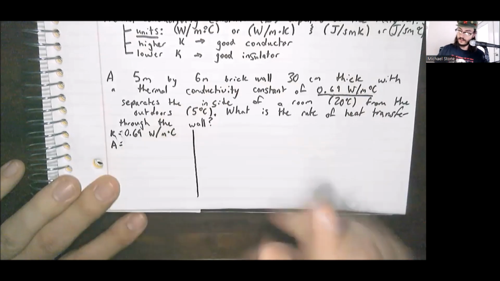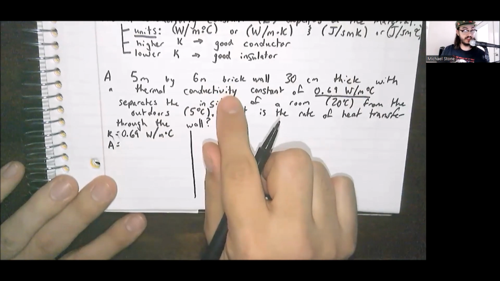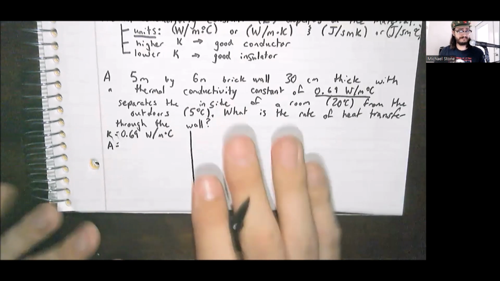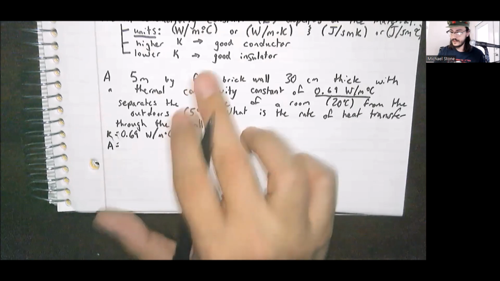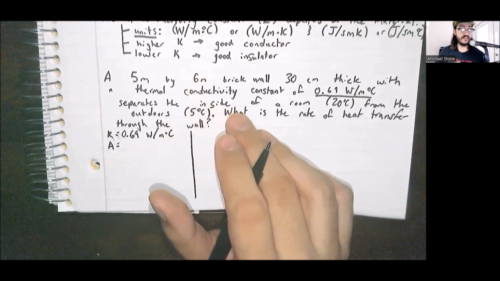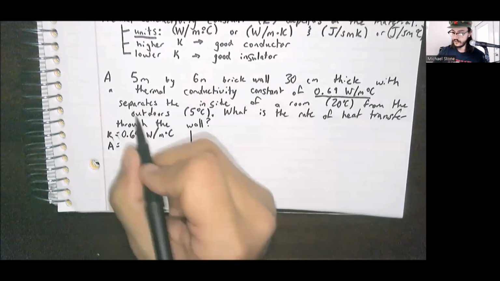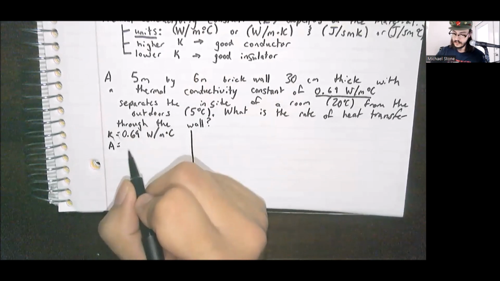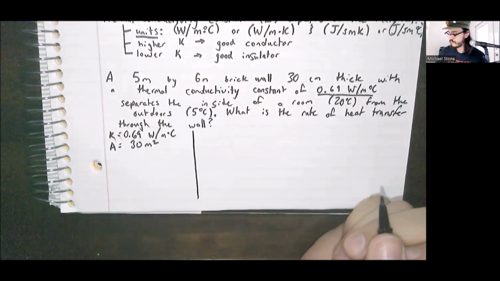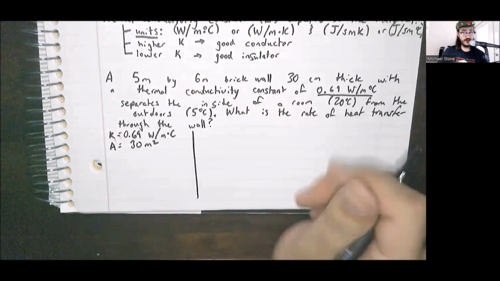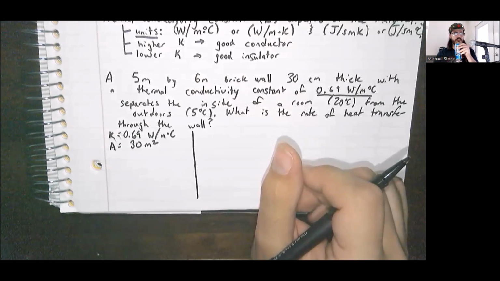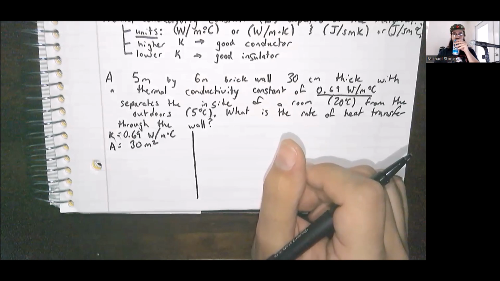The area, 5 by 6 of a brick wall. The brick wall is clearly going to be rectangular in shape in these dimensions, and the area of a rectangle is simply base times height. 6 by 5 is 30 square meters. If you ever forget your area equations, they are listed on one side of your equation sheet.